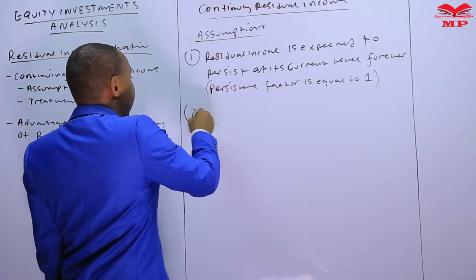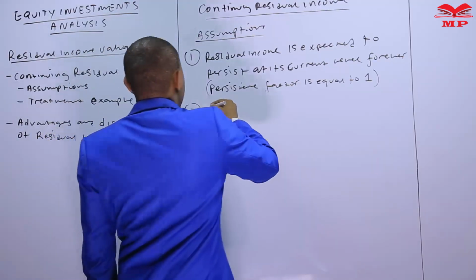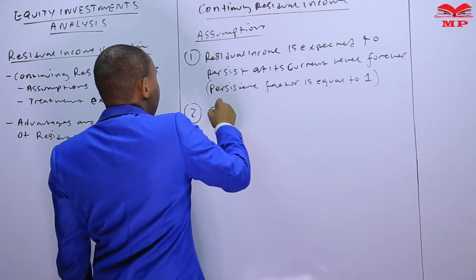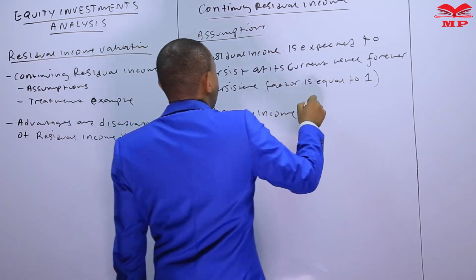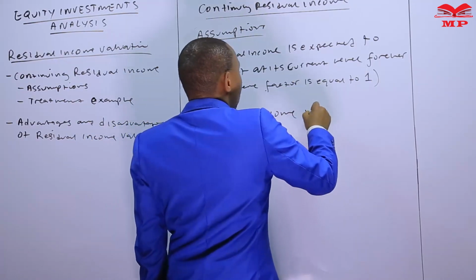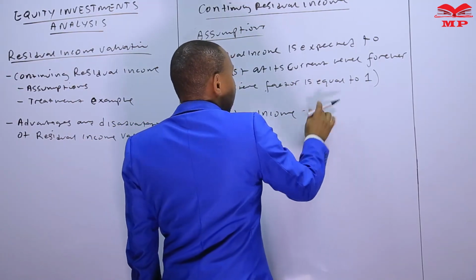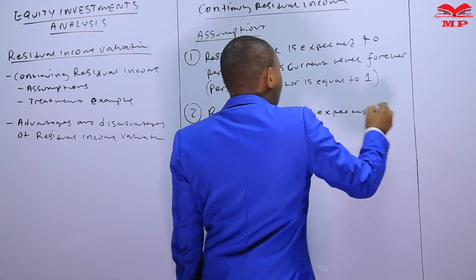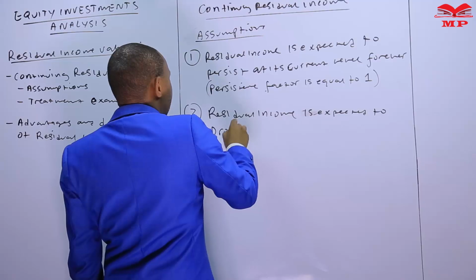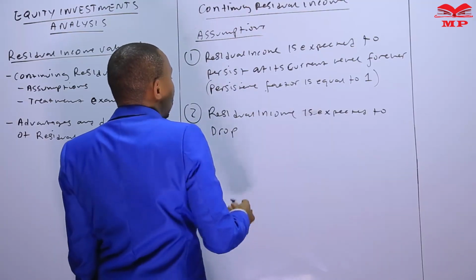So the second assumption is that residual income is expected to drop to 0.